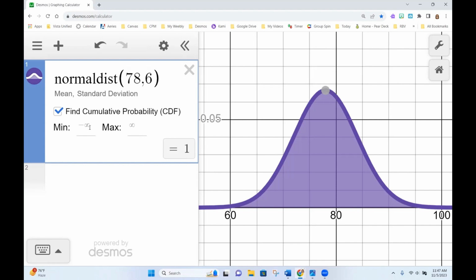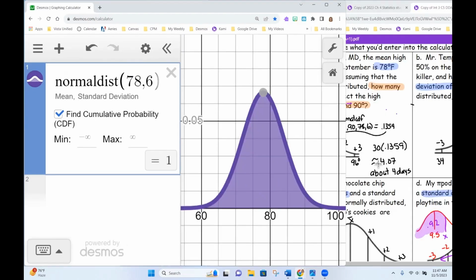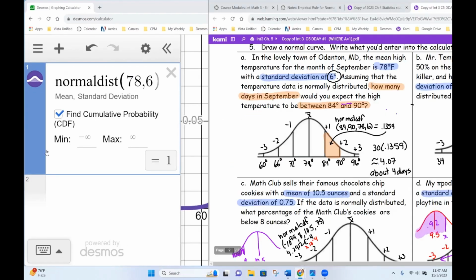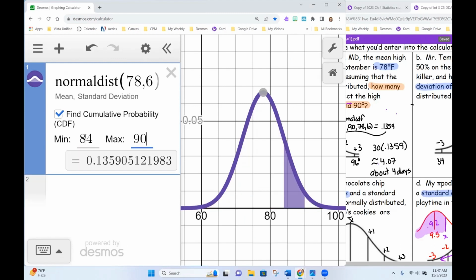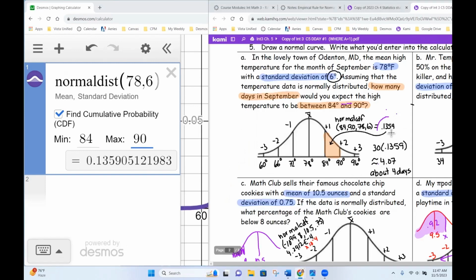Now I want to go not from negative infinity to infinity, but from 84 to 90. So I'll put 84 to 90, and it will give me the answer, which you see over here was 13.59. Then we multiplied it by 30, and you can do that on this too.